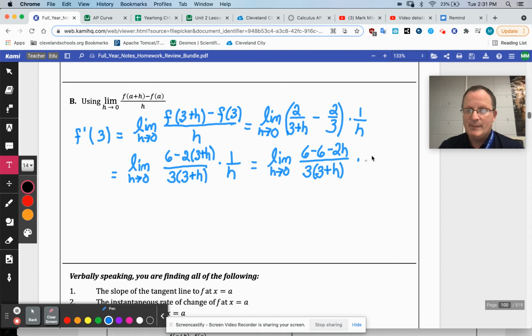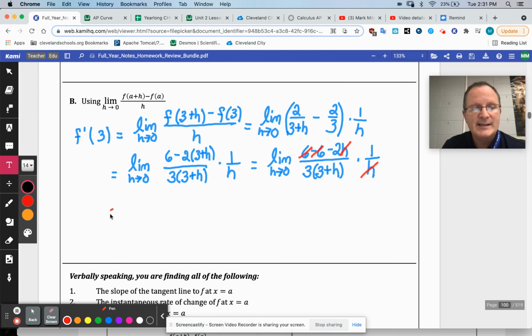And then this dividing by h. Okay, so here we go. So 6's cancel. After the 6's cancel, this h will cancel with that h, and then we can substitute in.